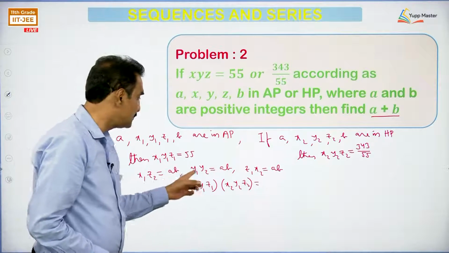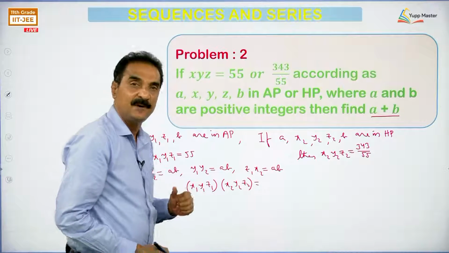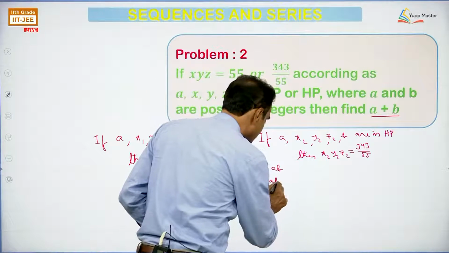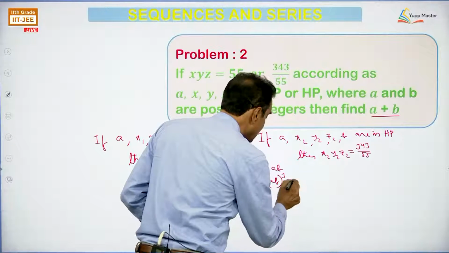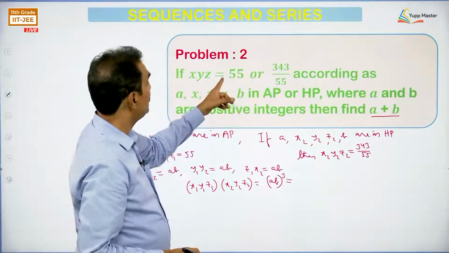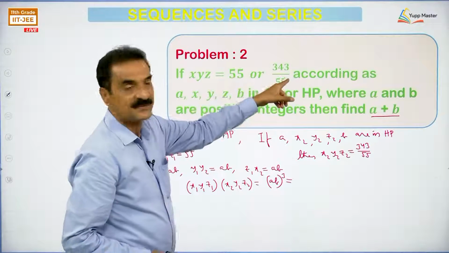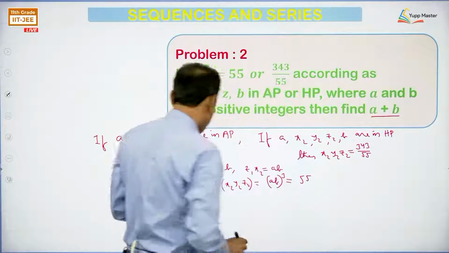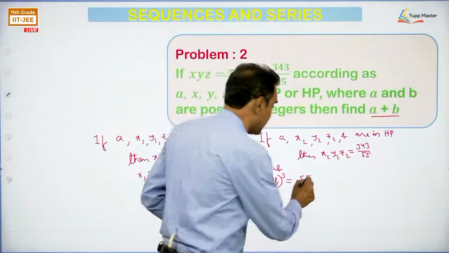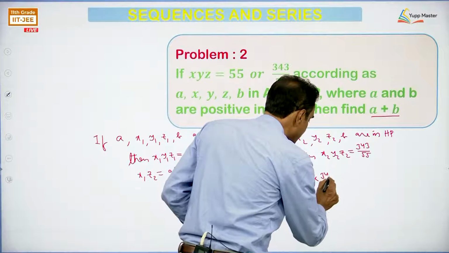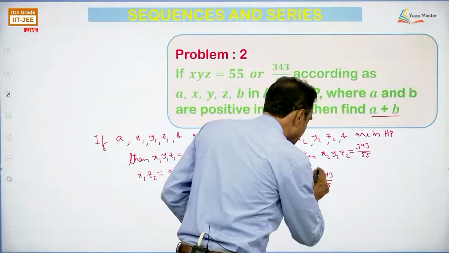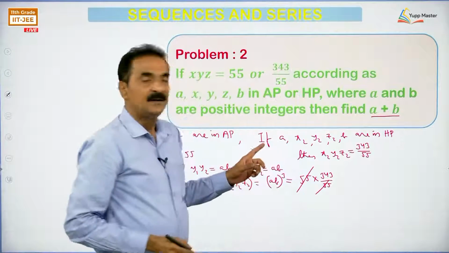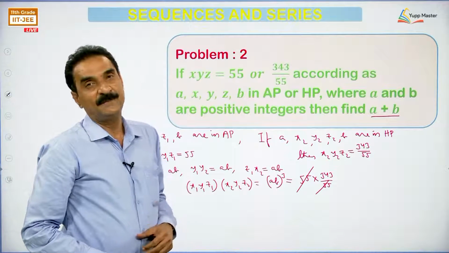So, what is its value? AB into AB into AB, AB whole cube. Its value is given as this product, this into this, 55 into 343 by 55. 55 cancels. So, AB whole cube is 343.